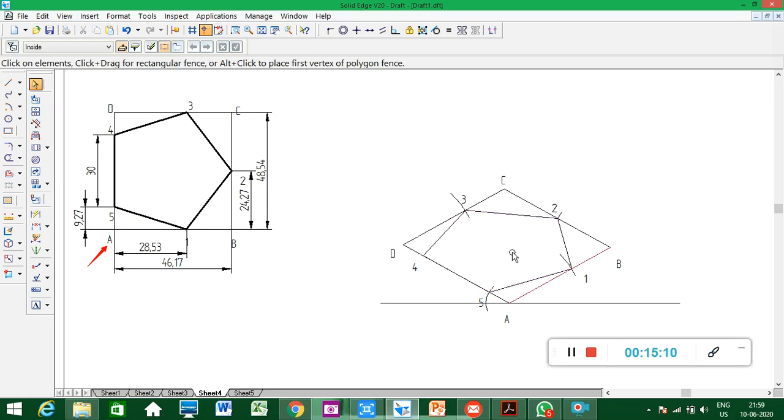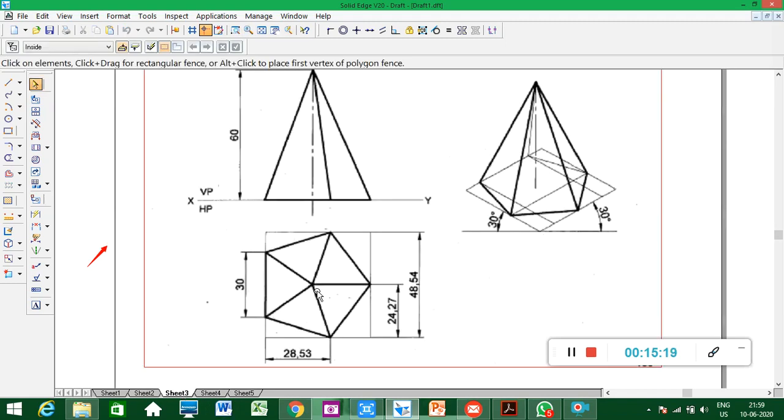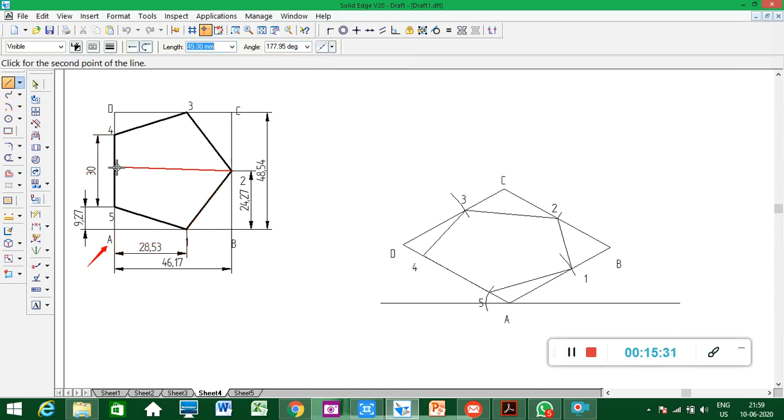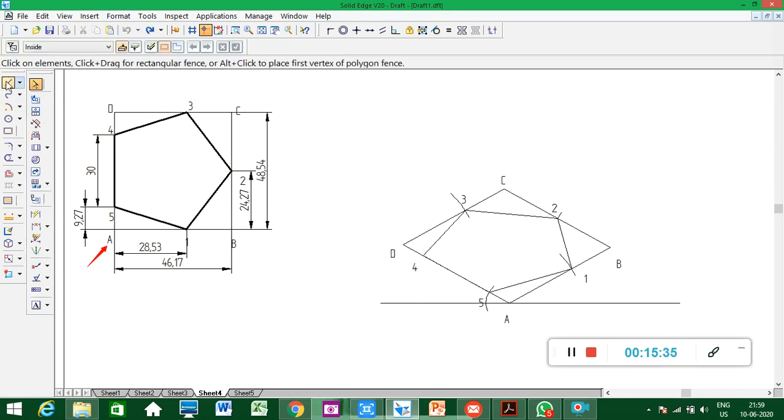Then I'll find the center point. How do I find the center point here? See, he has got the center point here. How will I get the midpoint here? I'll draw a thin line.